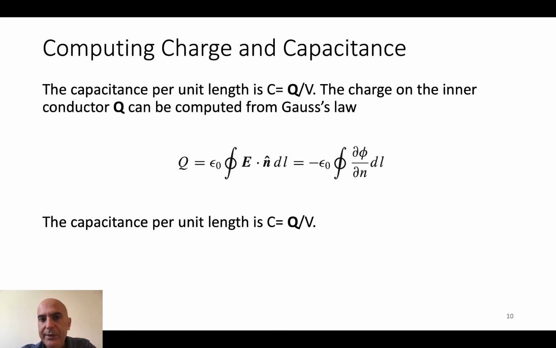But before the capacitance, we need to calculate the charge Q, which is computed from Gauss's law by calculating this integral here. Once the charge is calculated, we can calculate the capacitance per unit length as Q, the charge per unit length, divided by the voltage.